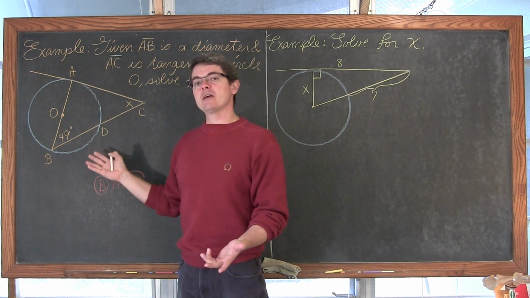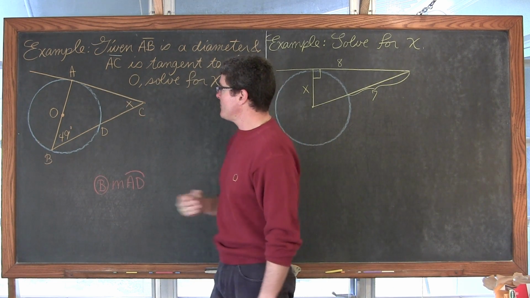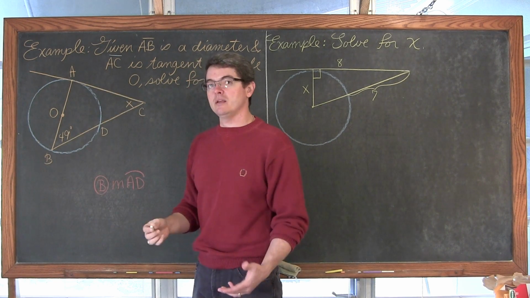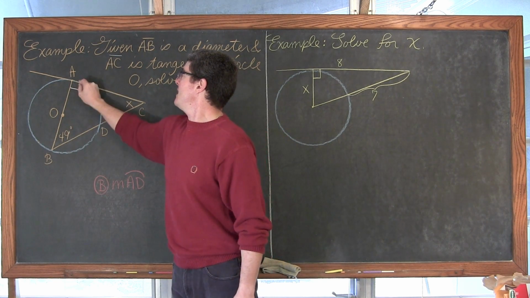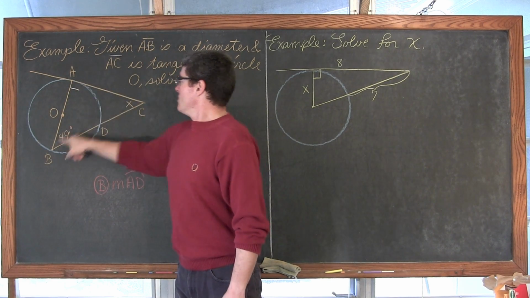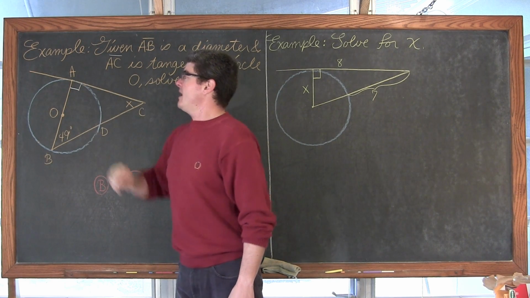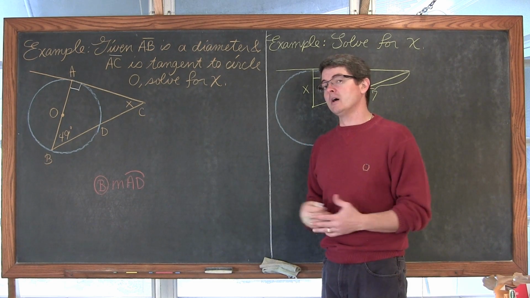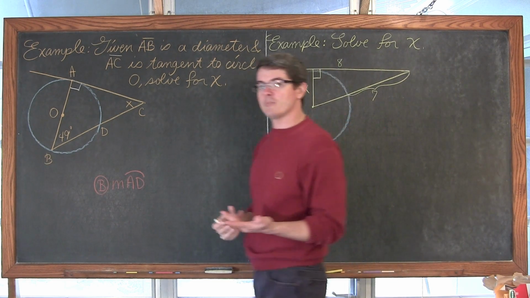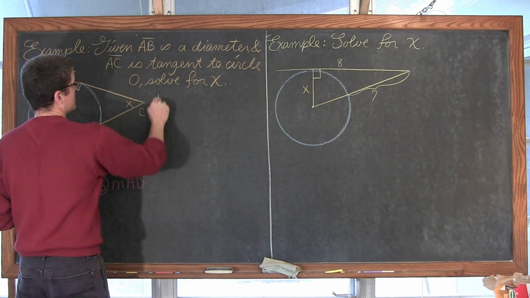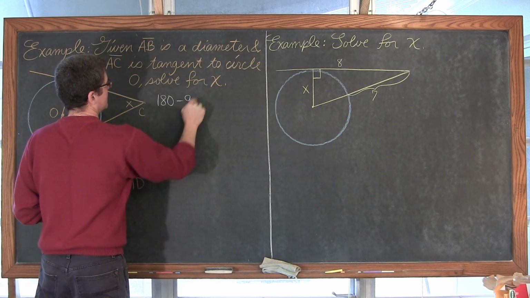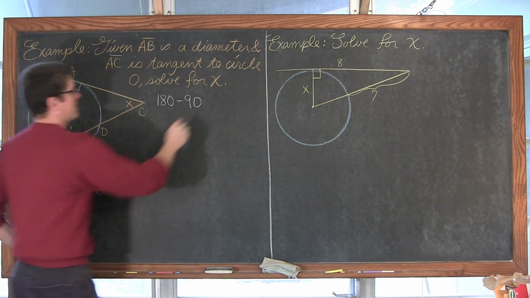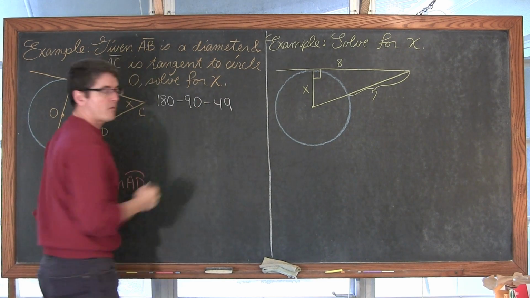I don't have it marked on this diagram like I did in the other example, but if AB is a diameter, then OA is a radius, and that means that angle OAC or BAC is going to be a right angle. And remembering that the interior sum of a triangle, one more time, is 180 degrees, this is actually a pretty simple question. All we have to do is 180 minus the 90 from the 90 degrees at our point of tangency, minus 49, and we'll have our answer.